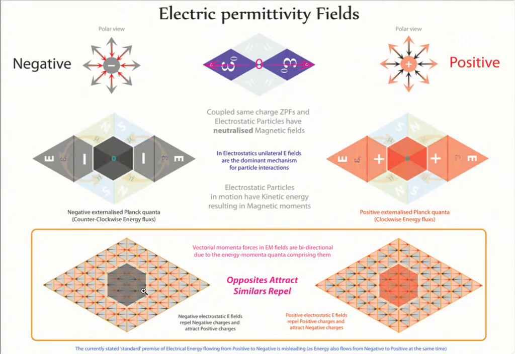Again, what's really changing is not the electric permittivity or the energy momenta. What is in fact changing is the magnetic moments of the dipoles of these EM fields or quanta. But what's doing the work is not the magnetic fields. What's doing the work is in fact the permittivity or the energy momenta of these quanta and how they affect other charged particles within their field of influence.